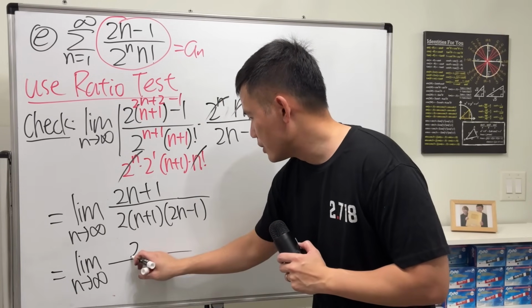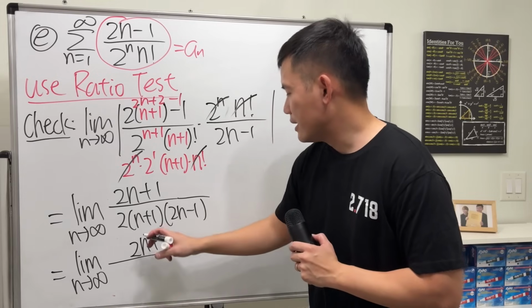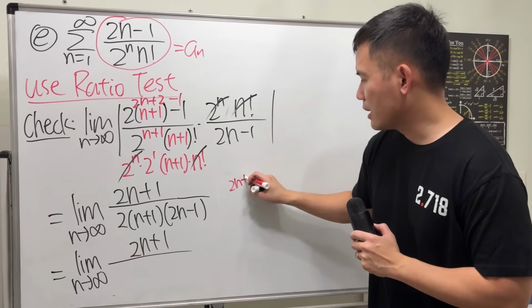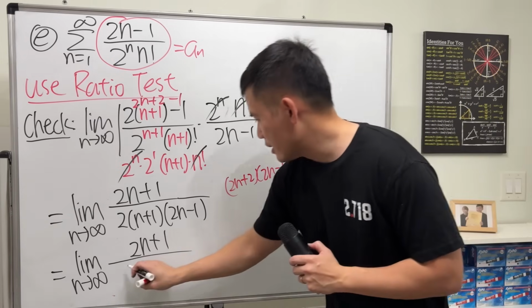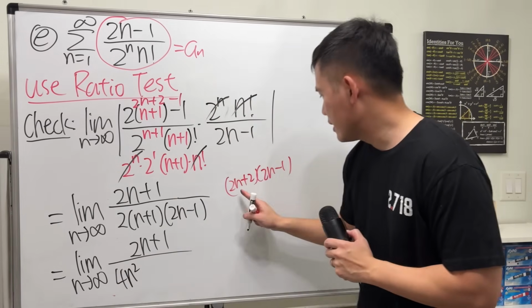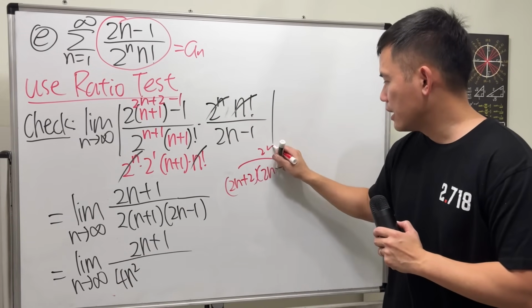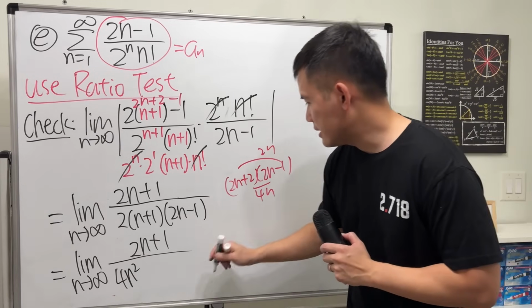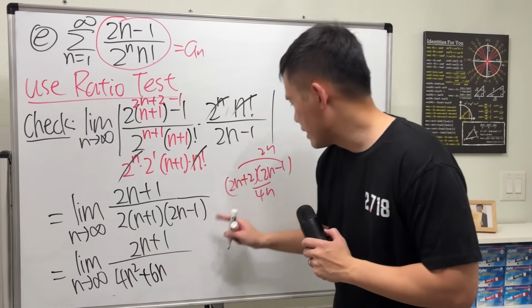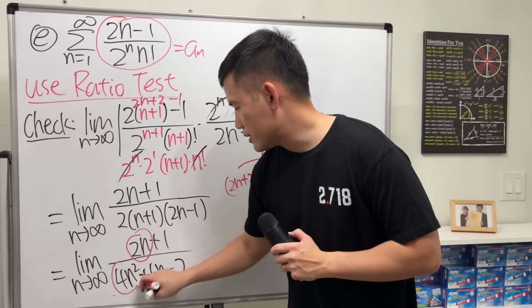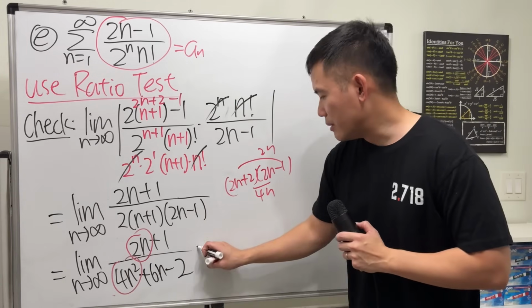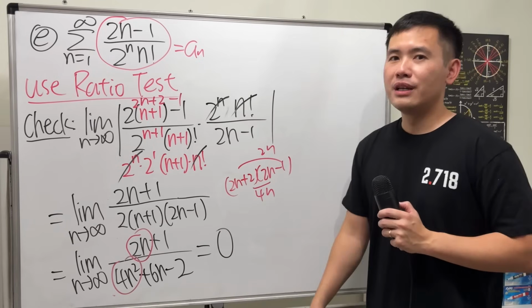The top is 2n plus 1, and then the bottom is (2n plus 2) times (2n minus 1). So we get 4n squared, and then that's 2n, and then that's 4n, so that's 6n, and then minus 2. But anyways though, really just compare the powers. The limit is equal to 0.